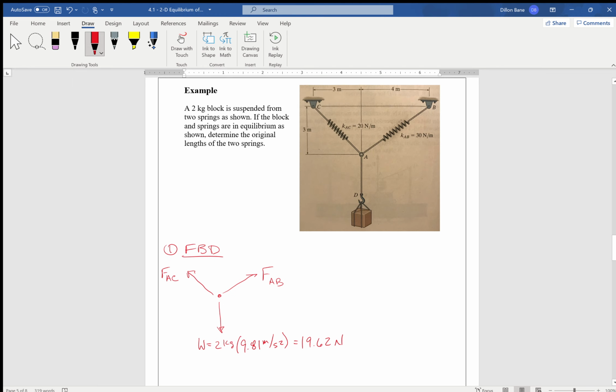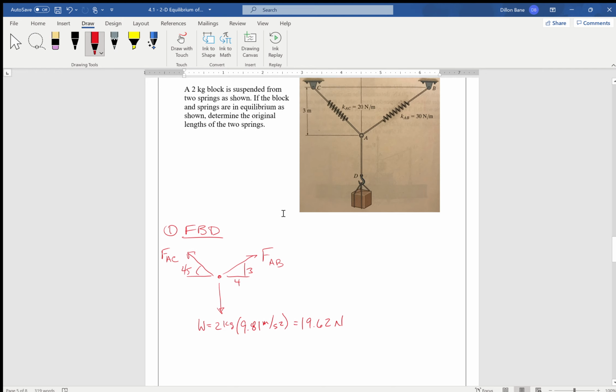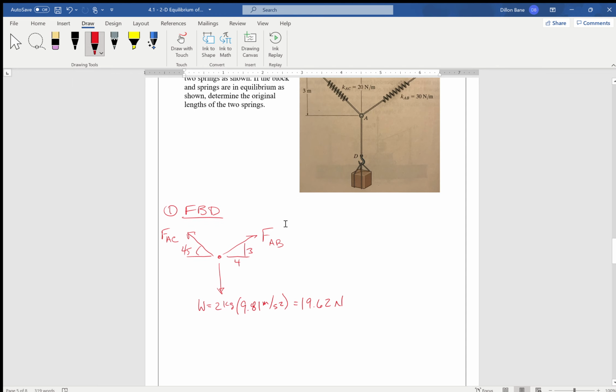We do know the angle of these forces. This one is a 3-on-3 slope, which is just 45 degrees. And this one is a 4 horizontal, 3 vertical slope for FAB. Okay, so we've drawn a complete free body diagram at point A. There are 3 cables coming in at point A, so that means there are 3 tension forces applied at point A.